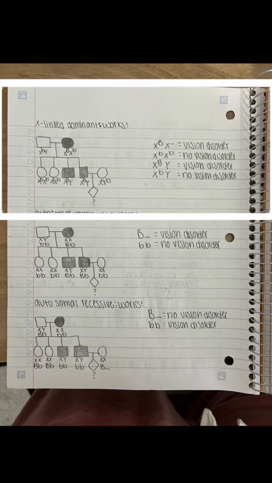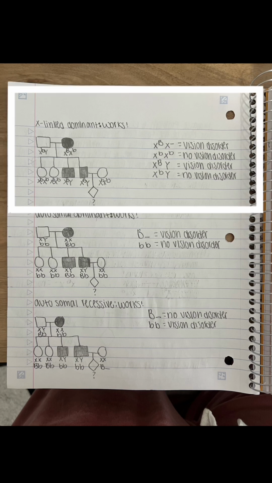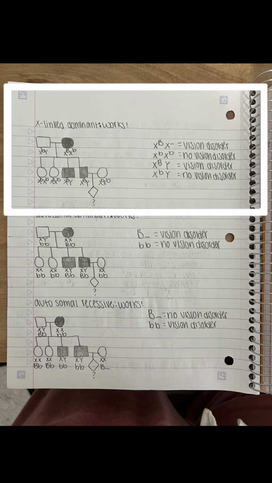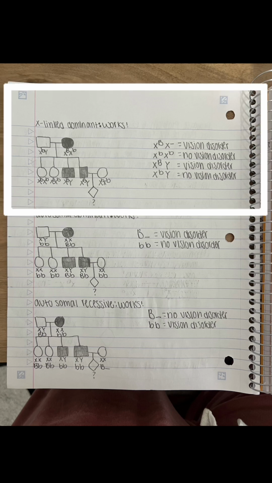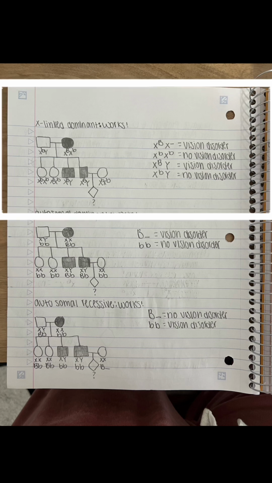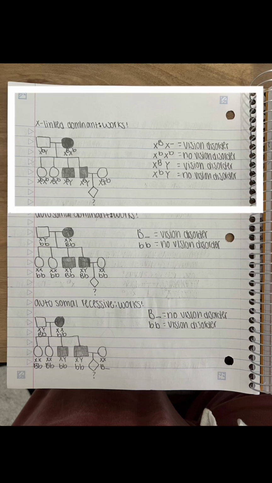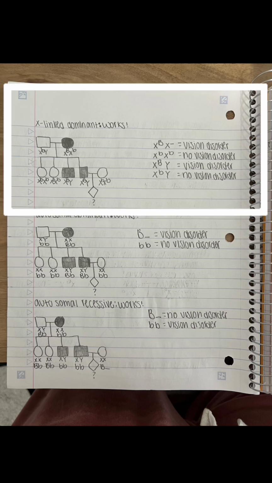All right, so we have X-linked dominant, which also works. The only difference would be that in order for this to work, the mother would have to have big B and little b in order for the daughters to not get the trait and only the sons to get it, because the father would have to have a lowercase b, which we pass on to the daughters, and then the mother would have to pass down the little b in order for them not to have the trait, but the mother would have to pass down the big B to the sons in order for them to have the trait.